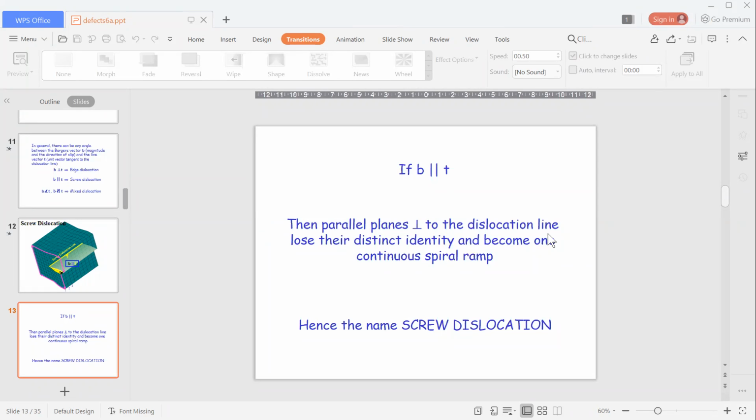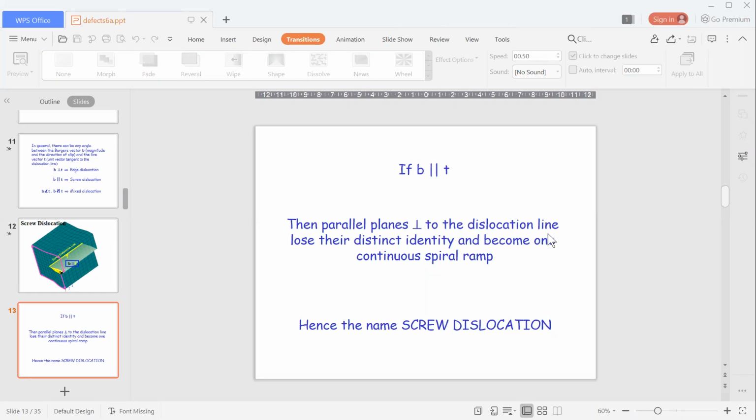So all the atoms, if I look in any direction from the origin, vertically up or down, move to a non-lattice position and arrange themselves on the spiral ramp.